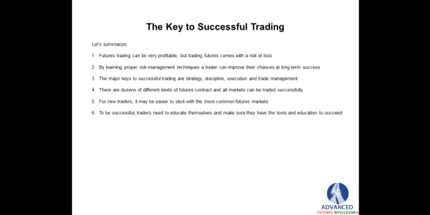So look for the ones that you are most interested in and learn how to trade those markets. Number 5, for new traders, it may be easier to stick with the more common markets that we discussed earlier in this presentation. And number 6, to be successful, traders need to educate themselves and make sure they have the tools and education that they need to succeed.